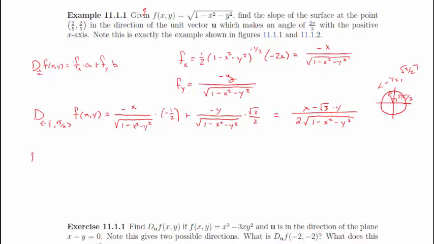So now we'll plug in our specific, 2/5, comma 2/5. So the directional derivative of f at 2/5, comma 2/5 in the direction -1/2, comma root 3 over 2 is going to be 2/5 minus root 3 times 2/5 over 2 square root of 1 minus 4/25 minus 4/25.